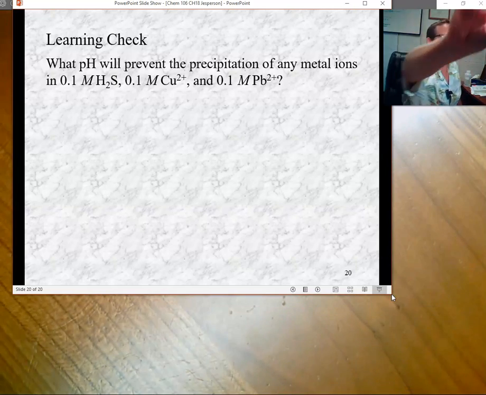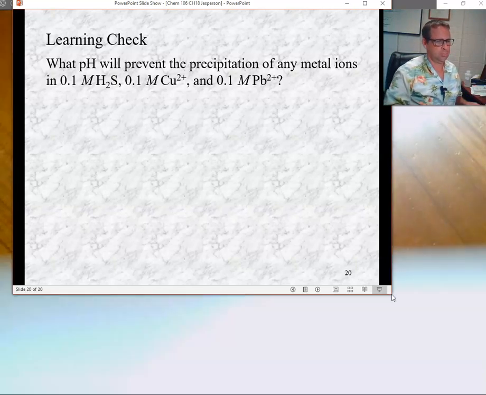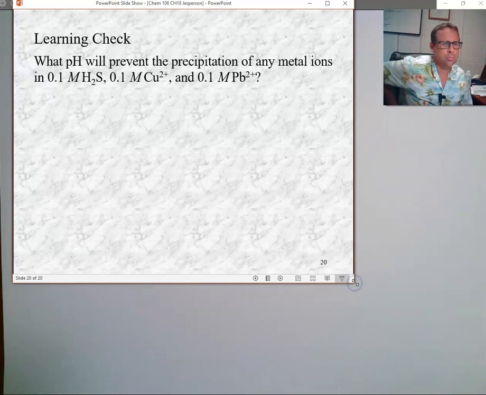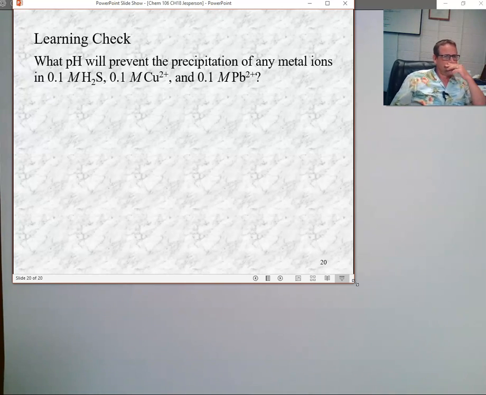How would you set this one up? So, all right, would we make the first equation HCU?